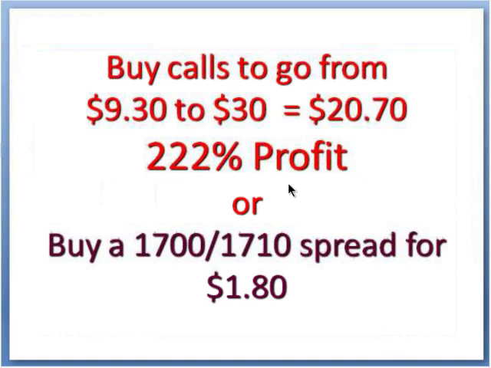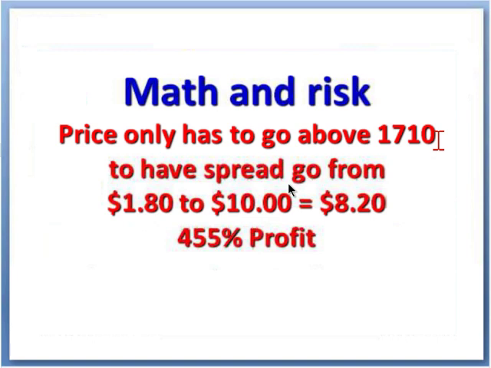But if we bought the call spread of $1,700 and sold the 1710s for $1.80, first of all, that price doesn't have to go up nearly as much. All it has to do is go up to the 1710, and our 180 goes to $10, or a much bigger percentage return.